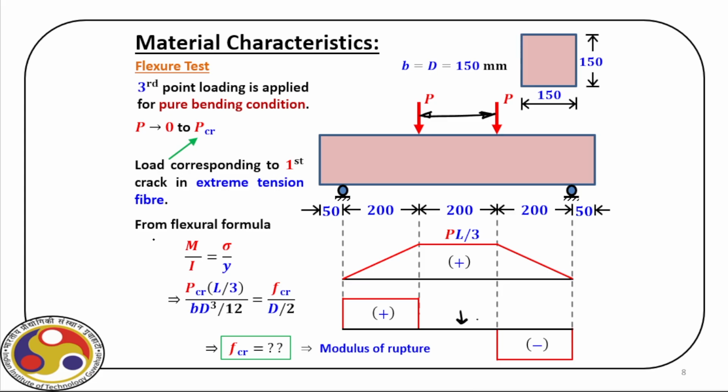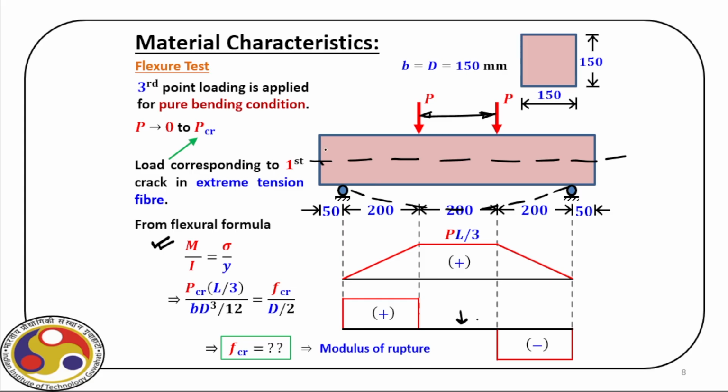And we already know the flexural formula, which is M by I is equal to sigma by y, where y is the distance of the extreme fiber. So under this loading, obviously, we'll have a sagging profile. So the beam is going to sag like this.